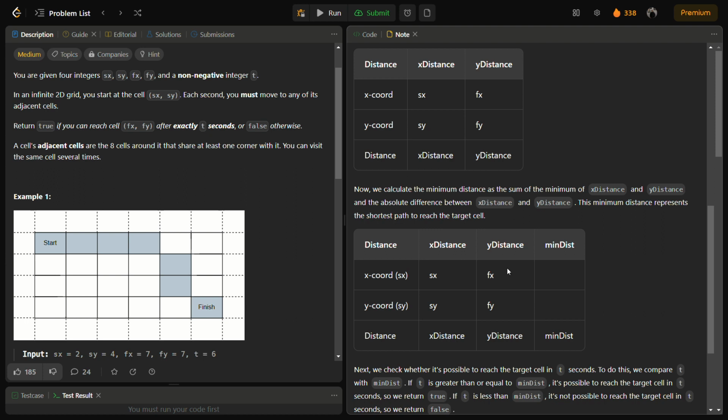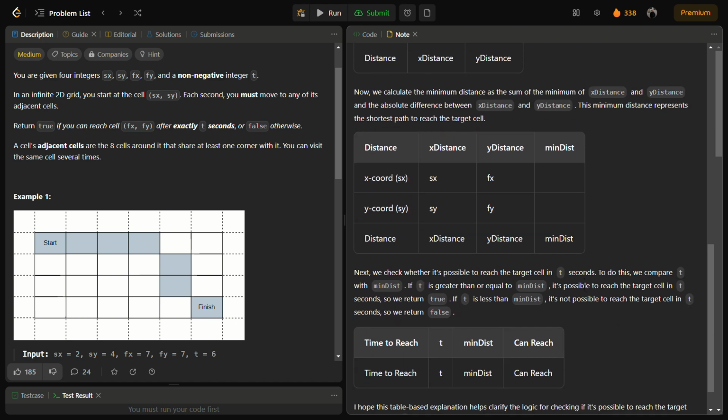Now we'll take another variable known as the minimum distance. In this minimum distance, we'll store the maximum or minimum of both these, the x distance and the y distance. It will represent the shortest path to reach the target cell. That's why we are calculating this minimum distance.